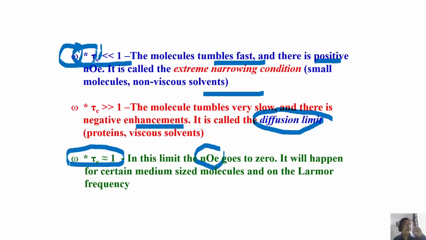Remember, when I started this class, I told you there are several factors on which NOE depends: the correlation time, that is the size and motion of the molecule, the magnetic field, which depends upon the normal frequency, and the relaxation pathway. The NOE depends upon various mechanisms I explained to you. This is the gist I wanted to tell you.